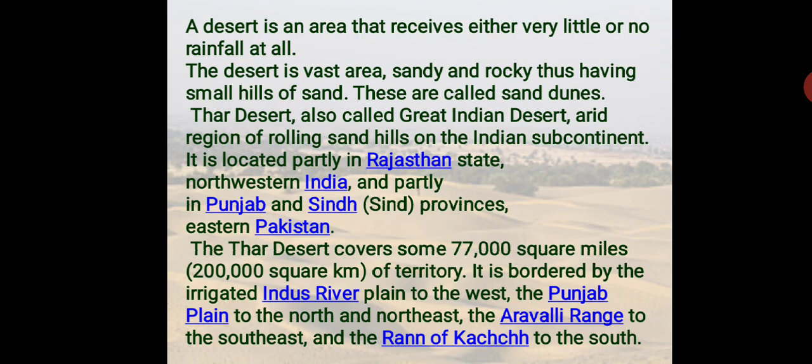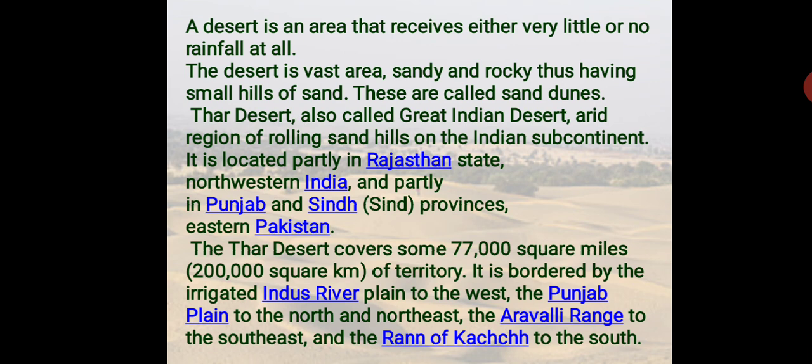A desert is an area that receives either very little or no rainfall at all. The desert is a vast area, sandy and rocky, having small hills of sand. These are called sand dunes.